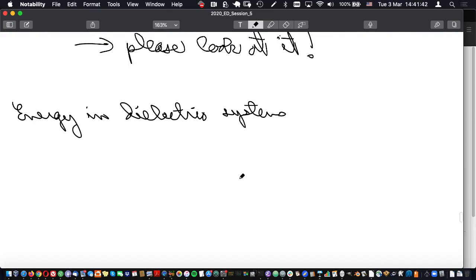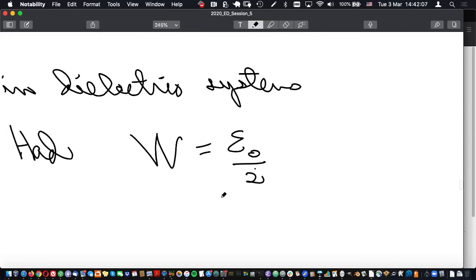Okay, so what we had, you remember, is the total work to assemble a system. We had done this calculation. You bring charges in from infinity, and you compute what you get. So the energy accumulated is just minus the work you're doing, which is minus the force integrated over the displacements that you're doing.